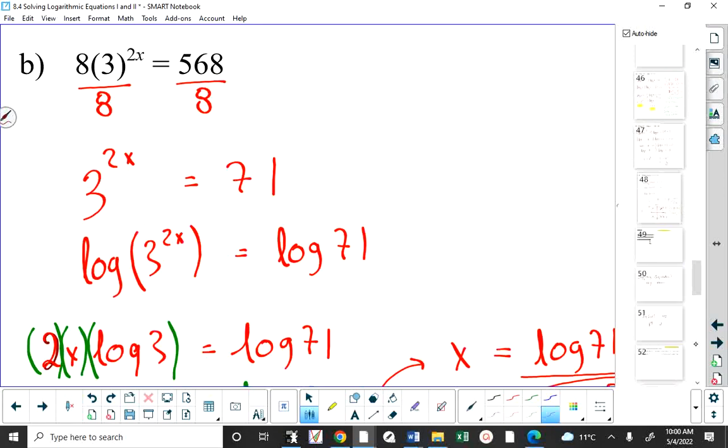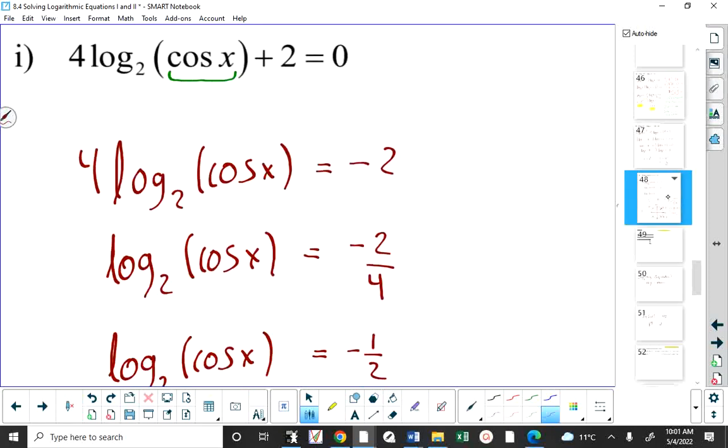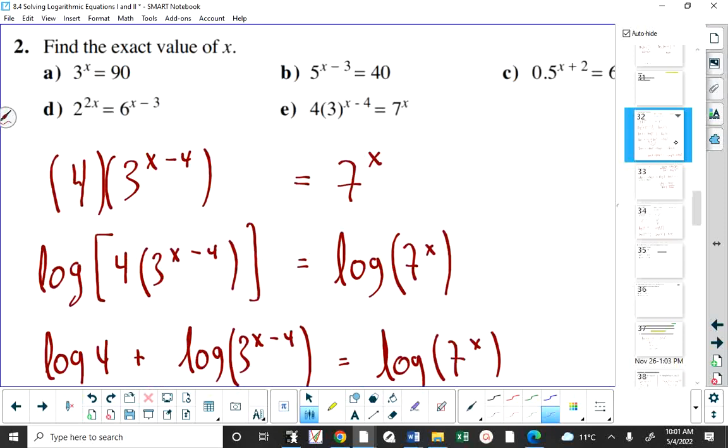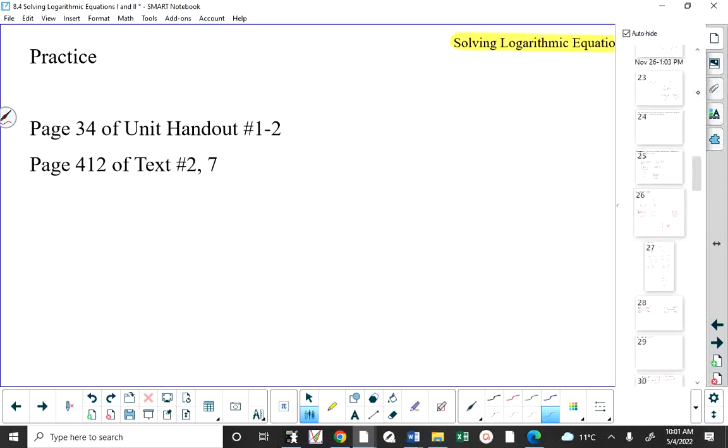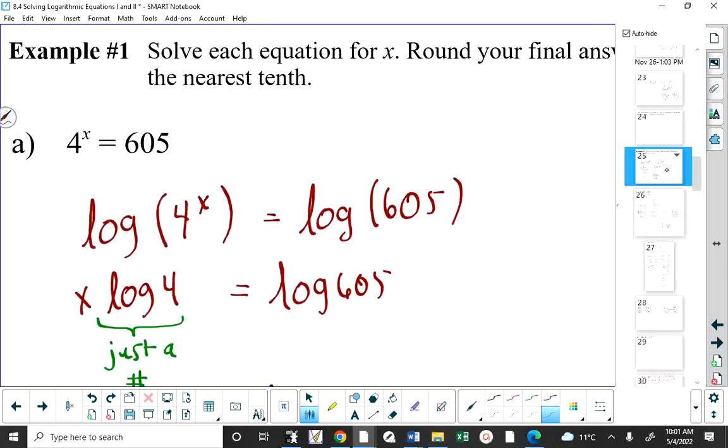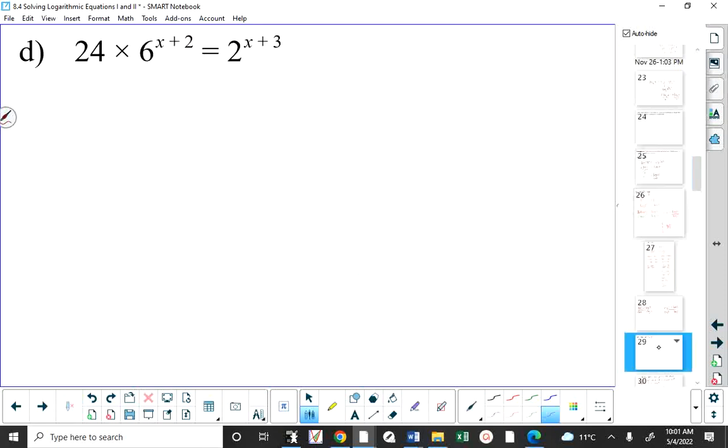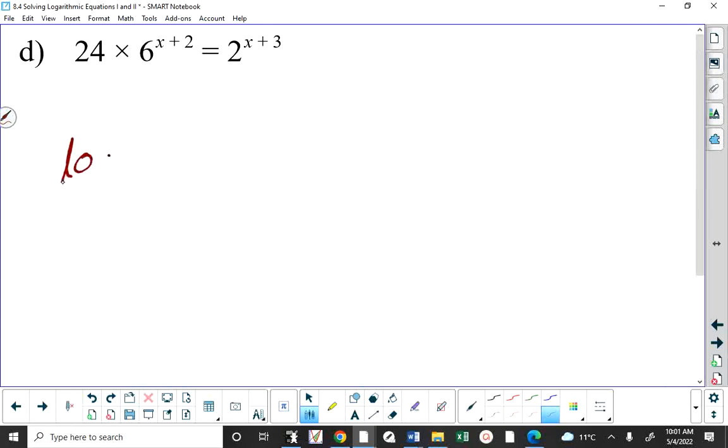I mean, I could, but it's not going to lead anywhere. So I won't even bother writing it down. If I divide by 24, I still have a 24 on the other side. So I have to start off by taking the logarithm of both sides.